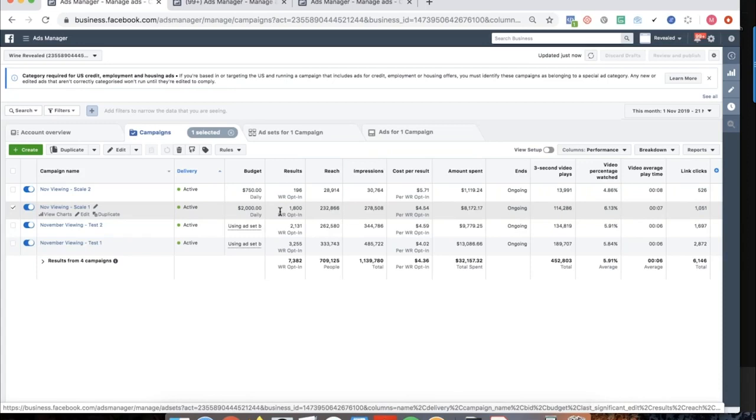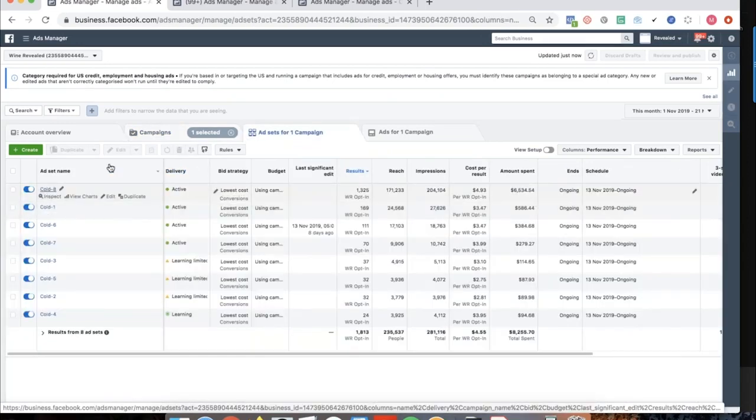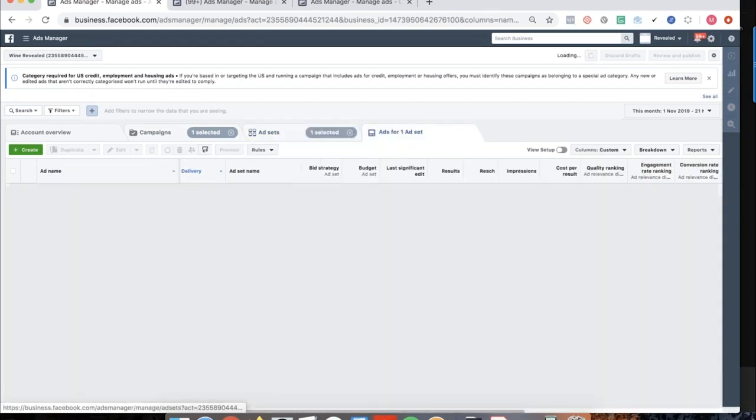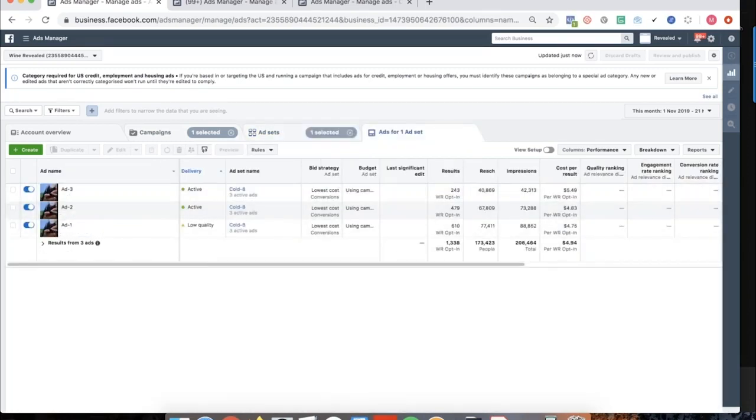Something else that I like to do when I'm scaling, if possible, again, I've got the post IDs of the ads here inside of these ad sets of the ads that were already working.